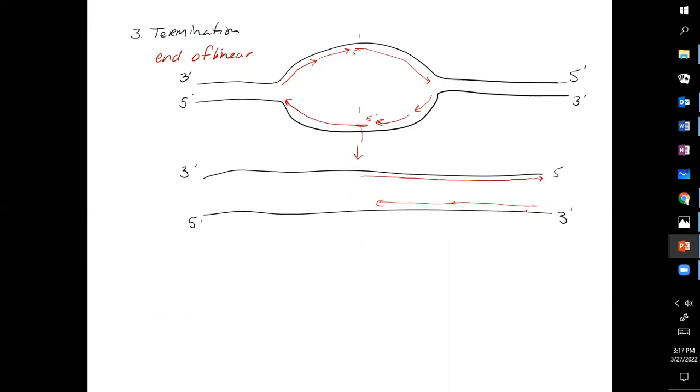And so ligase would then seal the nick. But look what happens here. This primer that's put down, primase doesn't know where the end of the molecule is, right? So this is our RNA primer. Primase does not know, so primase doesn't line up perfectly with the end of the molecule.